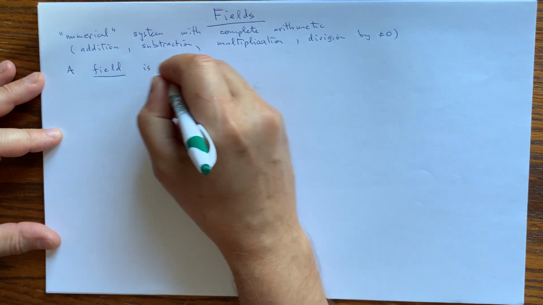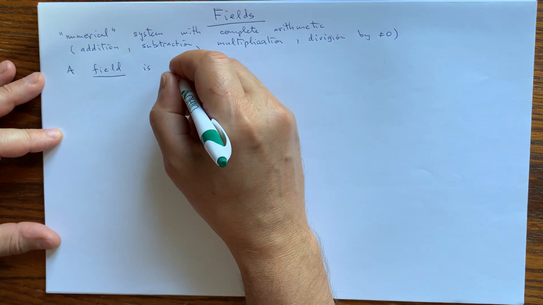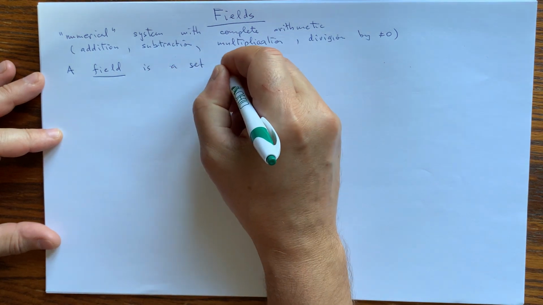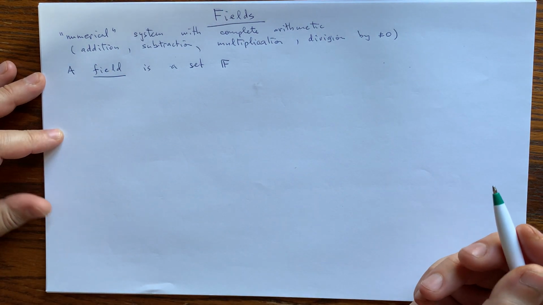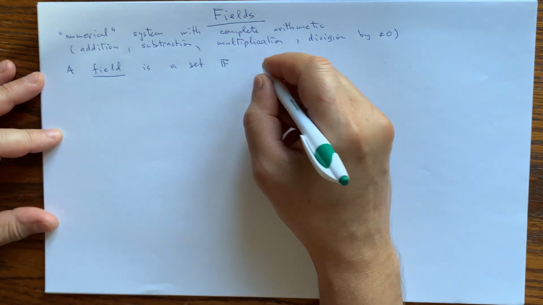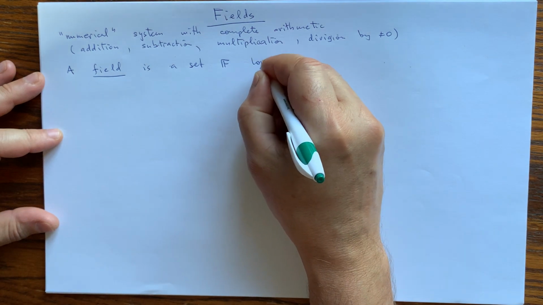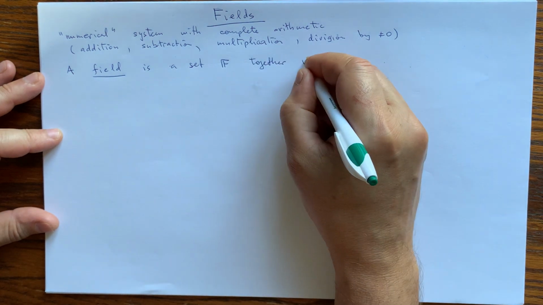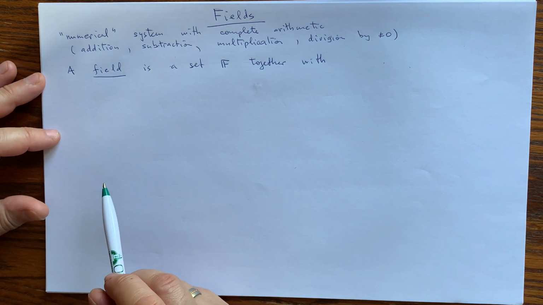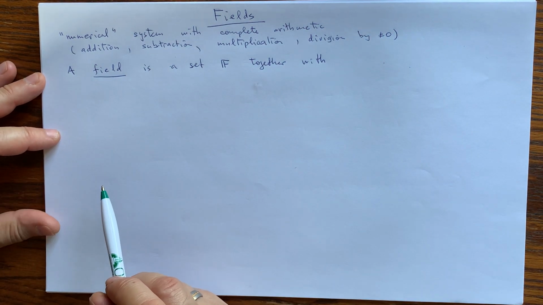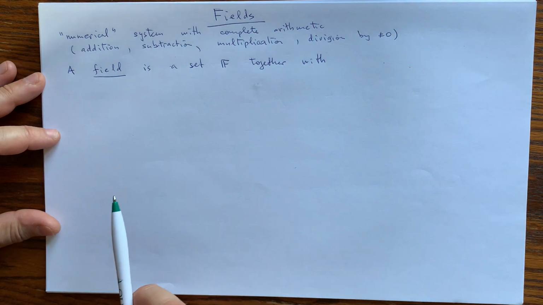Well, it is a set together with arithmetic operations. And definitions are long enough even without listing all four operations.